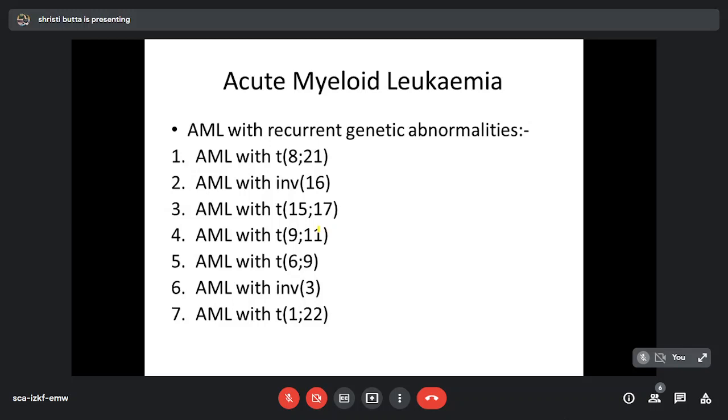Now this is a very important type of AML which has been included in the WHO, okay, with recurrent genetic abnormalities. It involves t(8;21), that is translocation 8;21, RUNX1-RUNX1T1, AML with inversion 16, AML with PML-RARA or t(15;17), AML t(9;11), okay, AML with translocation 6;9, AML with inversion 3, and AML with translocation 1;22 associated with megakaryoblast phenotype.